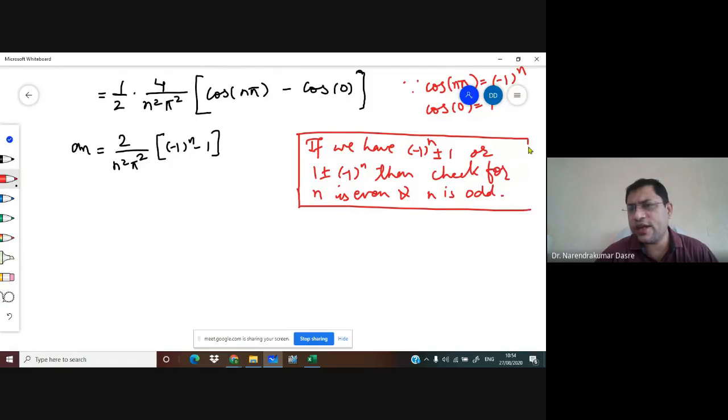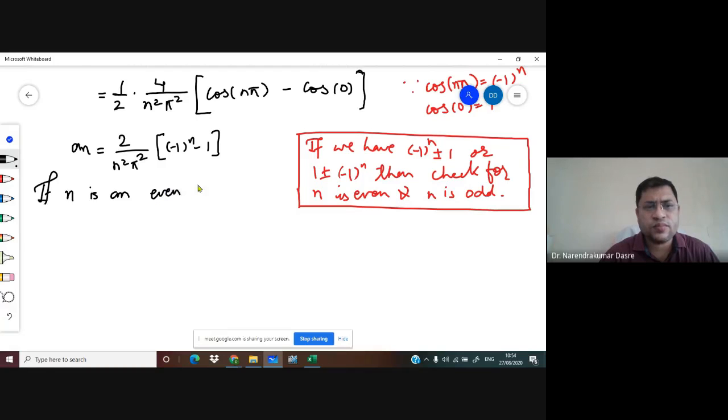So what happens, we have to check when we have any one of these terms. Now we have one of the terms, minus 1 raised to n minus 1. So we have to check if n is even, then we have minus 1 raised to n is equal to 1. So this term goes 1. So 1 minus 1 is 0, and hence an will be 0.